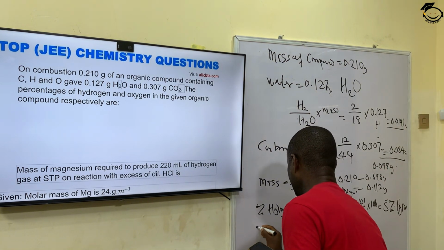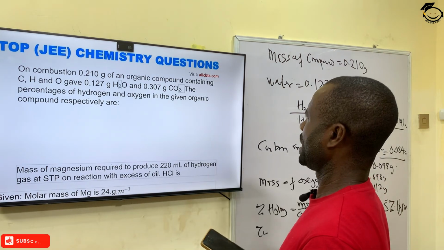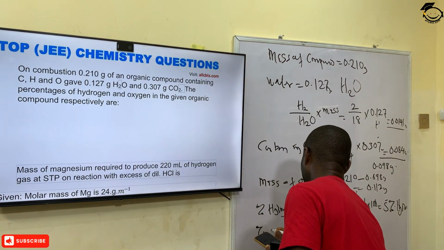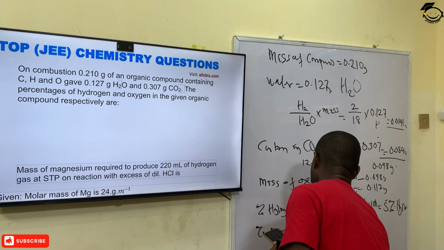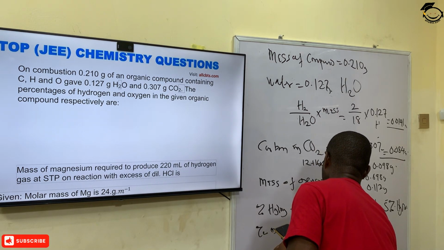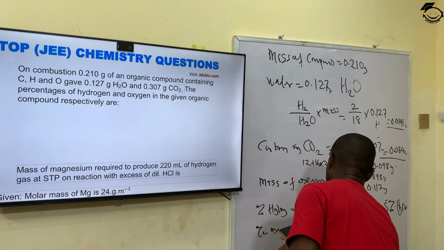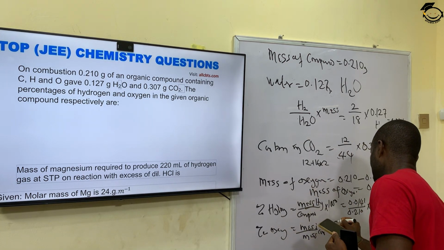Now, percentage of oxygen. Oxygen gives us mass of oxygen all over mass of compound times 100%.